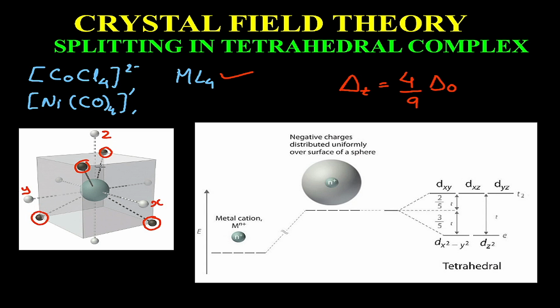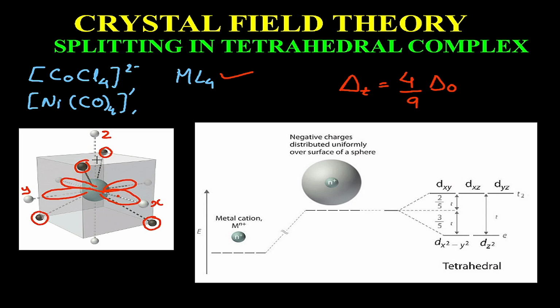Now when we look at the orbitals, suppose we are looking at x square minus y square, then this will be our x square minus y square. We can see that the dx square minus y square and dz square orbitals are touching the center of the faces of the cube. This will be dz square.